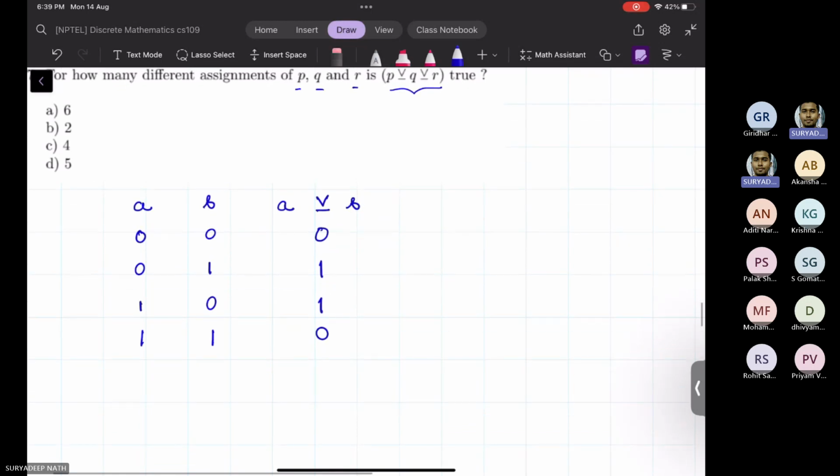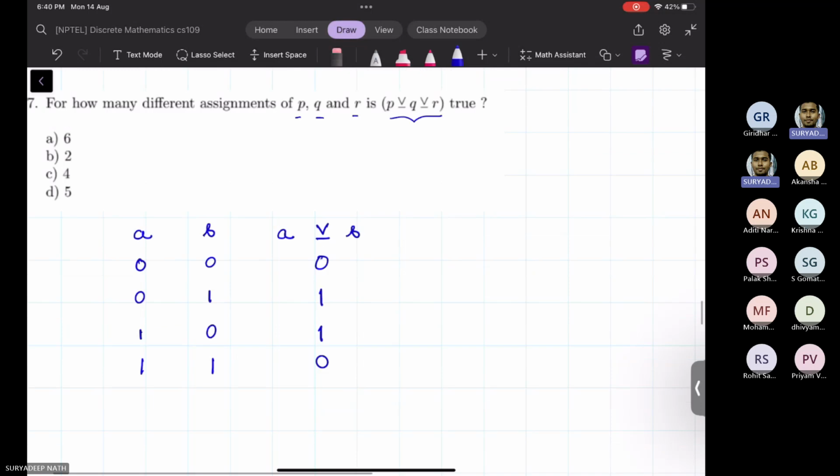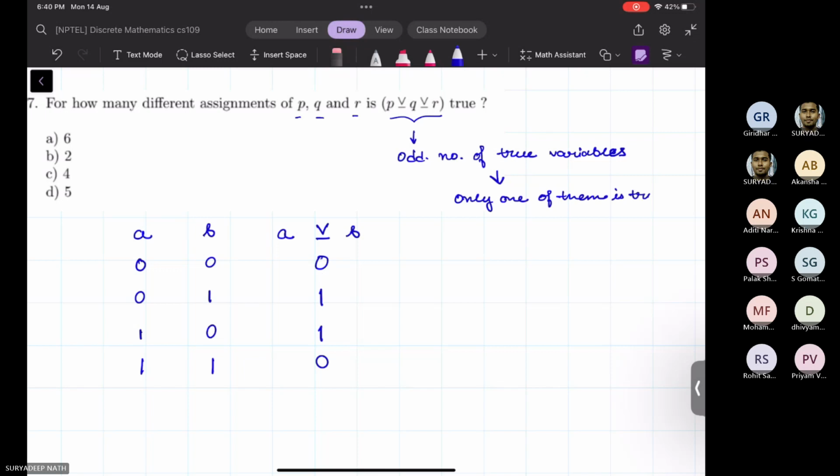An odd number of ones means an odd number of true variables. So it means that either only one of them is true, or all three are true.